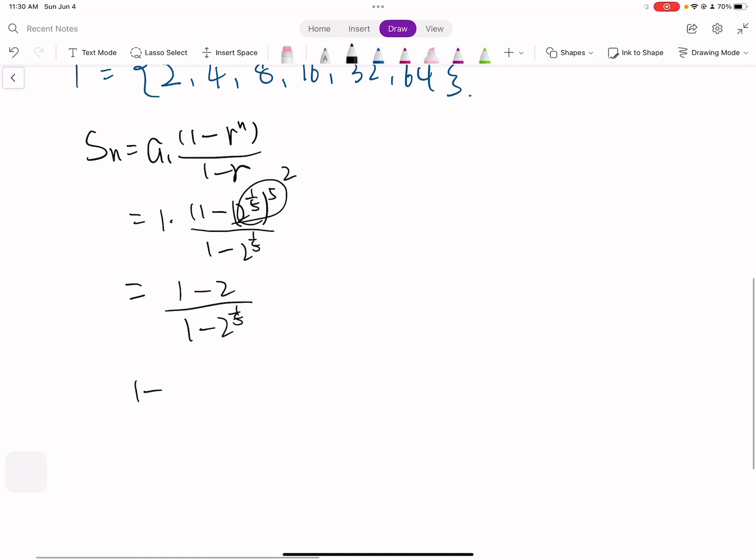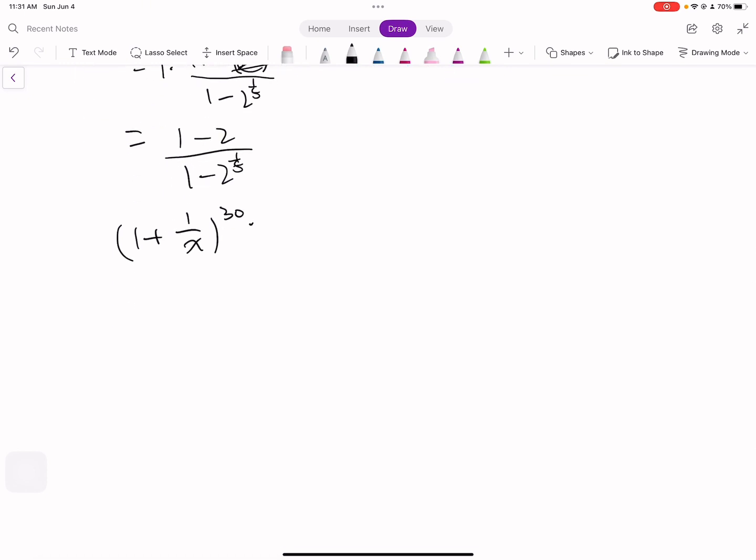So 1 plus 1 over x to the power of 30. Now this just equals 1 plus, what's this? 1 over this thing here to the power of 30.